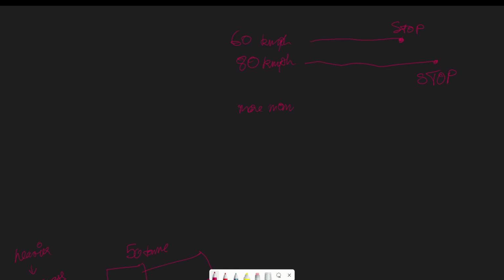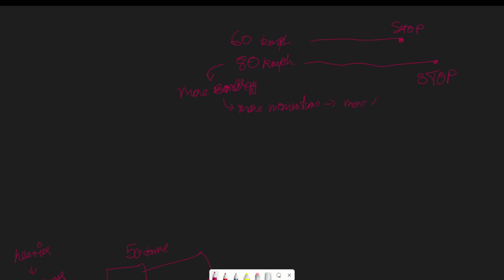So it may be the case that the one with more energy can move further, but that is because of the momentum.